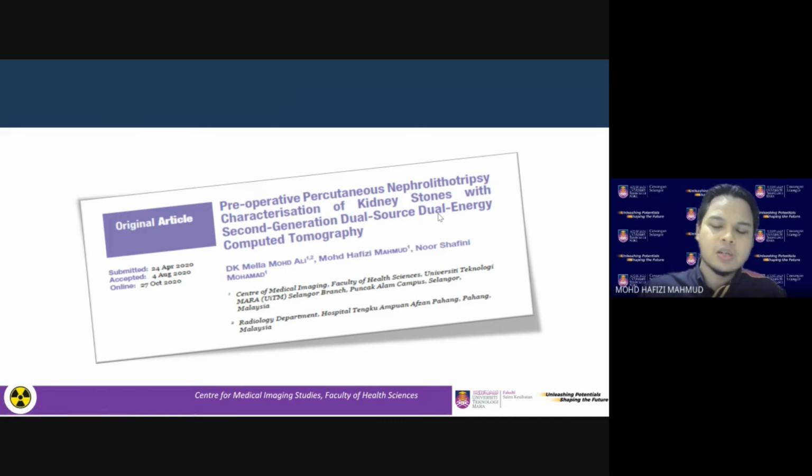We took samples from kidney stones following the PCNL procedure, and then we scanned those samples under the dual energy CT. We also extended to further analysis with FTIR as a chemical analysis to validate the findings of dual energy CT.